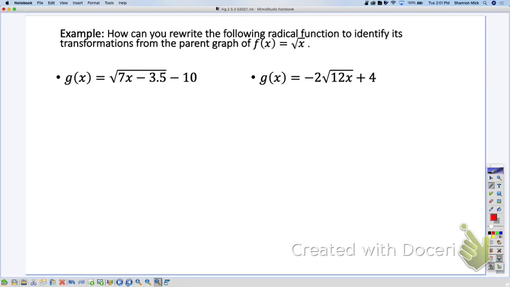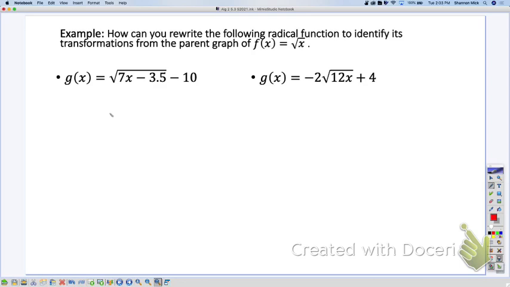We know how to deal with it. You know that 3.5 times 2 is 7. As a fraction, it would be 35 over 10, so it'd be 7 over 2. Do you want to make it 7 halves, or do you want to make it 3.5? 3.5? Okay.